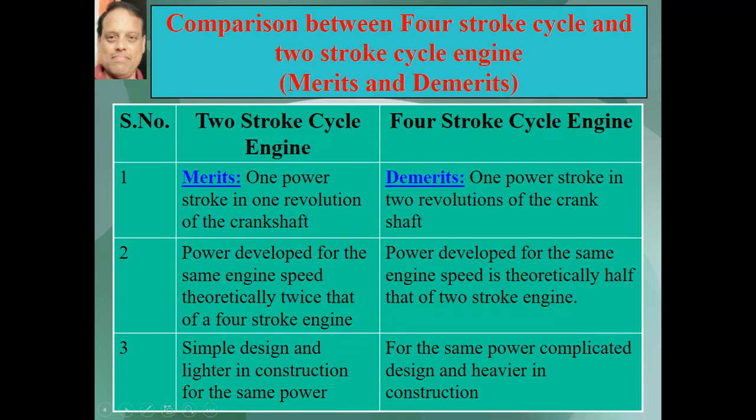To highlight one more difference, the lighter construction of the engines called the spark ignition engines for the same power, when compared to the higher capacity of the 4-stroke engine of diesel kind, is very useful in the day-to-day operations.